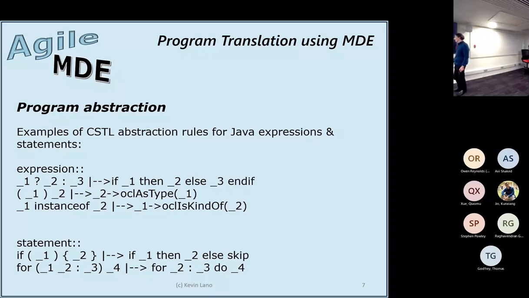I suppose the big advantage of this language is that it's something which a lot of practitioners could use and could write themselves and could modify themselves without being MDE experts. You don't need here to refer to metamodels. Indeed, metamodels are not built. Everything is being done at the level of parse trees with some annotations, for example, like types and so on.